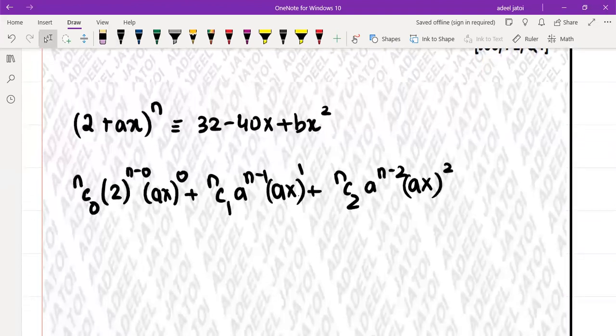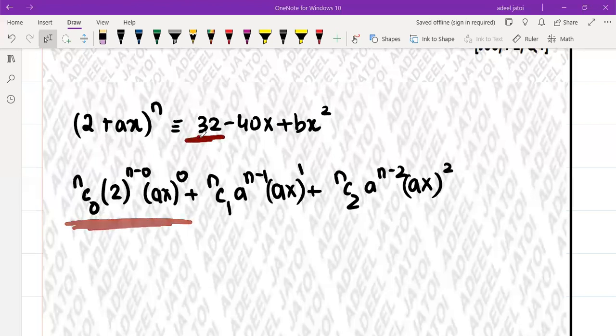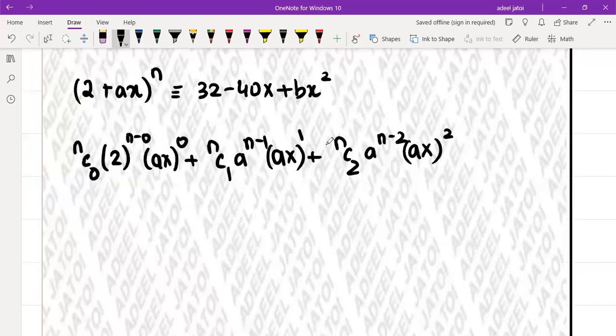Now you need to understand that for the first term, the answer is 32. For the second, the answer is -40x. For the third, the answer is bx^2. So nC0, 2^(n-0), (ax)^0 is equal to 32.